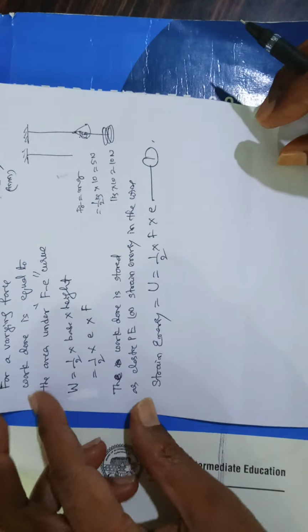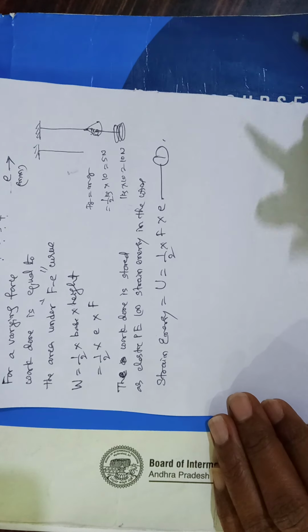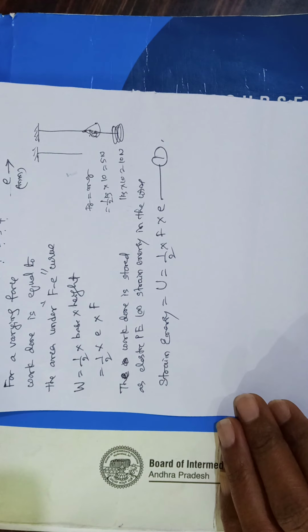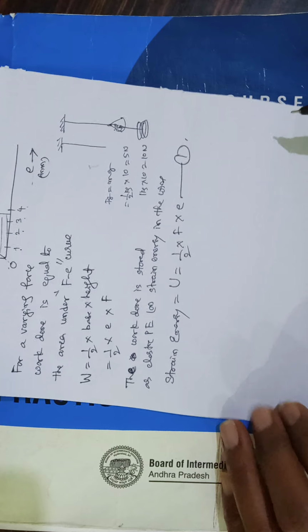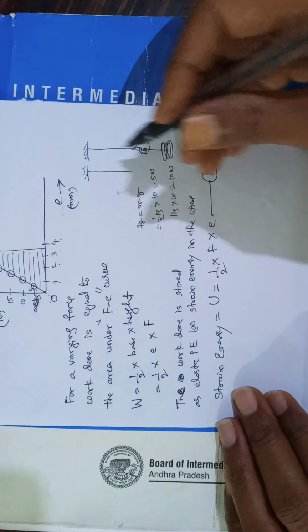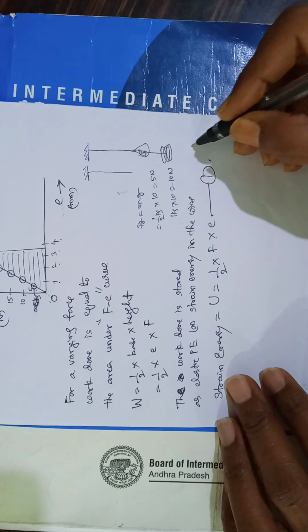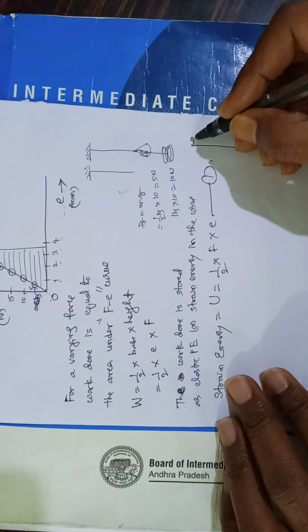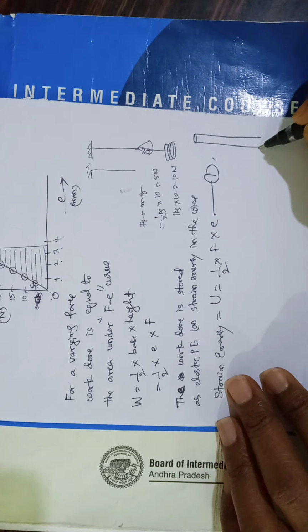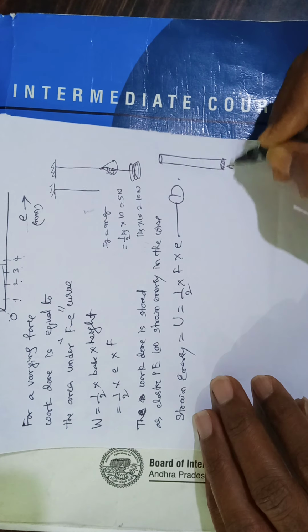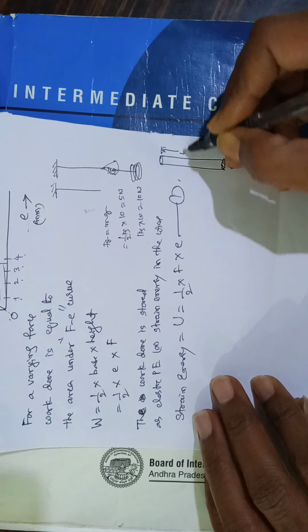Now we define another physical quantity: strain energy per unit volume. See, this is the total strain energy for the given wire, and our wire is having some volume. The wire is in the shape of a cylinder, and the volume of a cylinder is cross-sectional area into length.